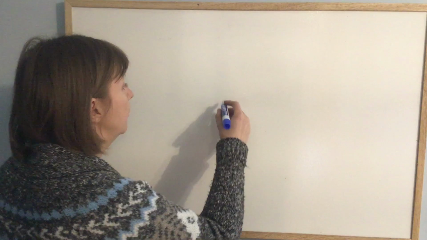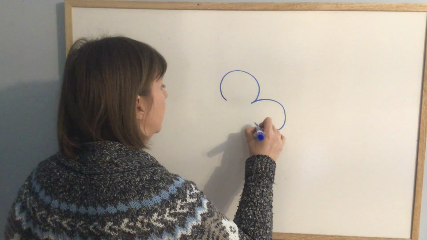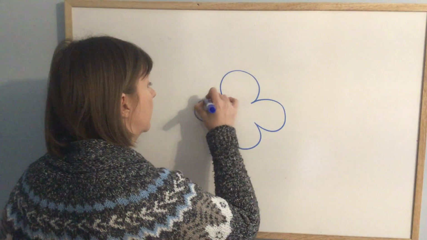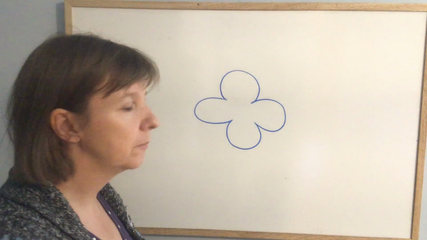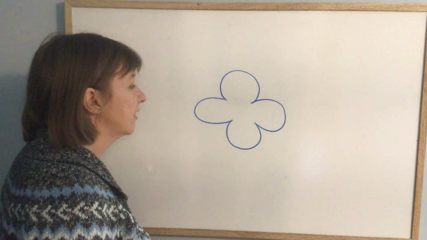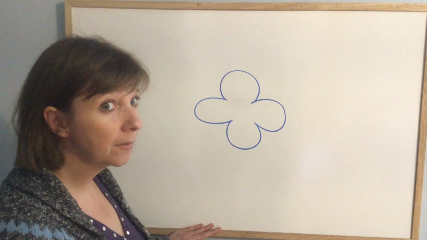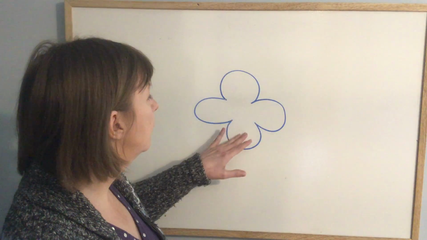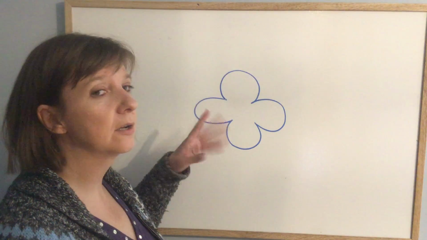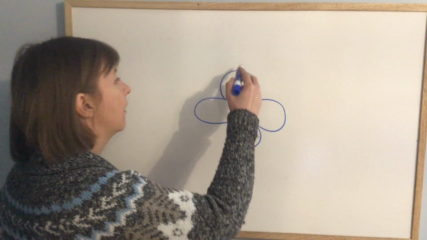So if you have, and I won't do this well, something like this, and let's say it was perfect, but it's not, and I said, how many lines of symmetry are actually here? There's actually 4. And you can usually tell when something has sort of like lobes on it, because the amount of lobes there are is kind of the amount of lines of symmetry there are.